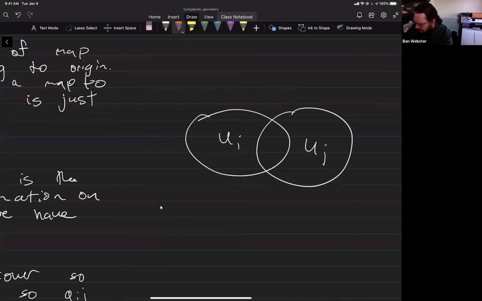One way to say that is I choose a section of the S1 bundle over U_j, which I'm going to make the obvious section of the trivialized bundle, and I choose a different section over U_i. So on the overlap, there's a gauge transformation that matches these, which I'll call g_ij.